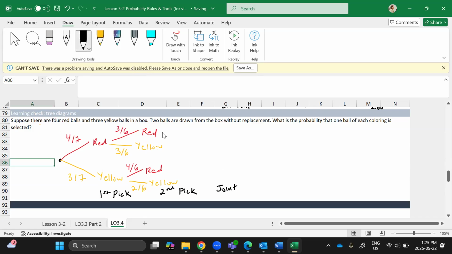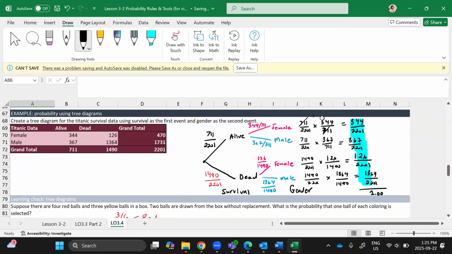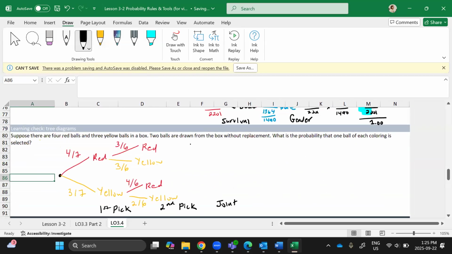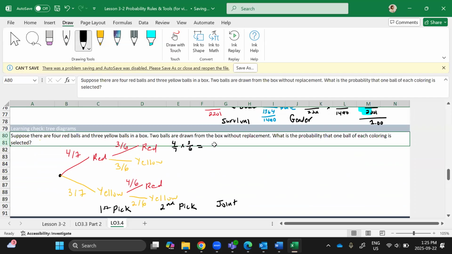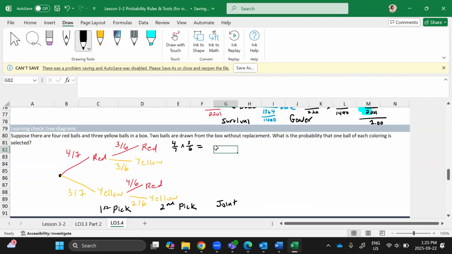For the joint distribution, you have to multiply along the line, just like we did here. So you do 4 out of 7 times 3 out of 6. This one doesn't cancel quite as nicely, so you could find out what the answer is. 4 over 7 times 3 over 6 is about 0.29, let's say.